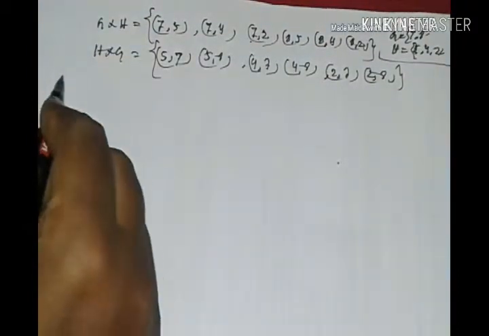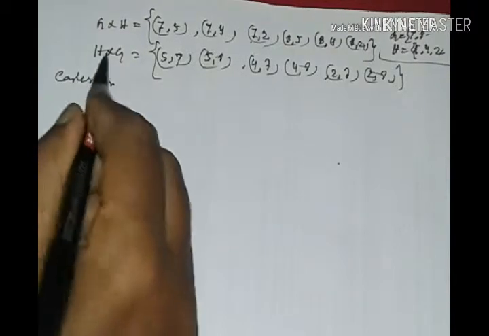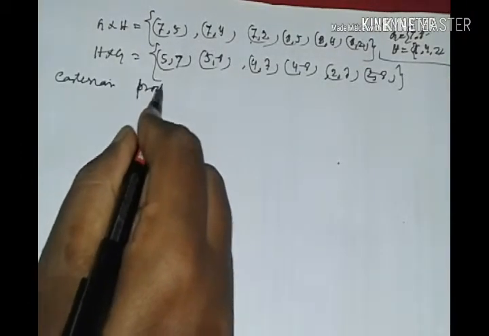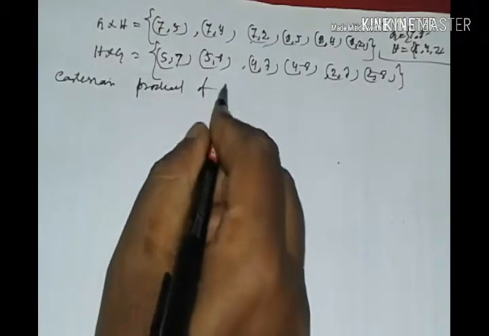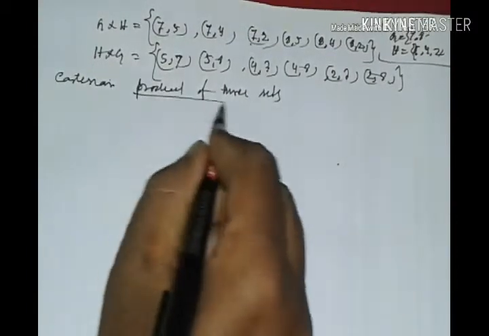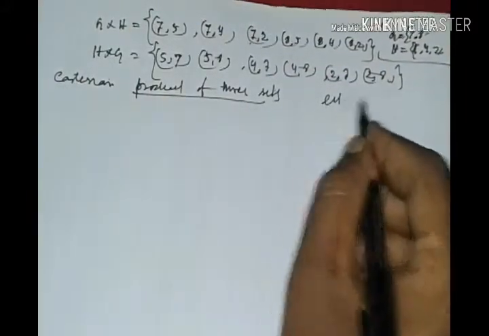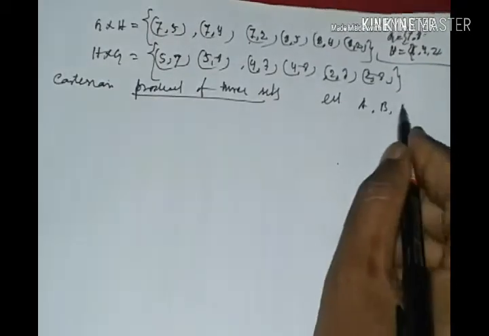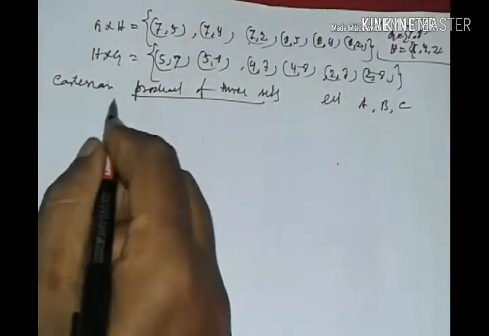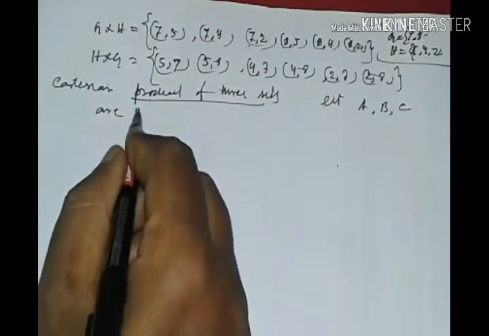Now Cartesian product of three sets. Let A, B, C be three sets.